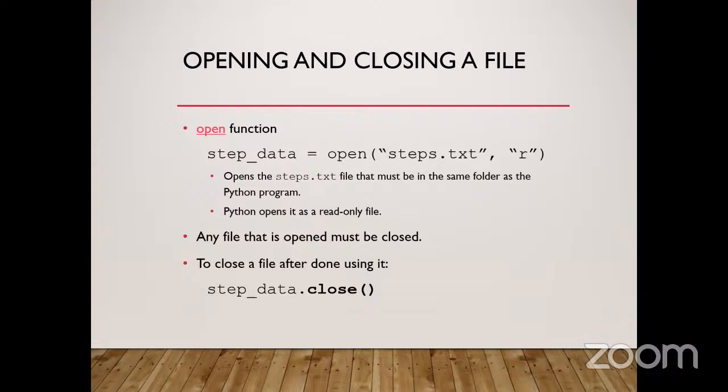So if you have it in the same folder, you don't need anything but the file name. If you have it one folder up, you have to put a slash in front of it. Or if you have it in some weird, wild place, you have to put the absolute path name to it. Here's the problem with absolute path names.